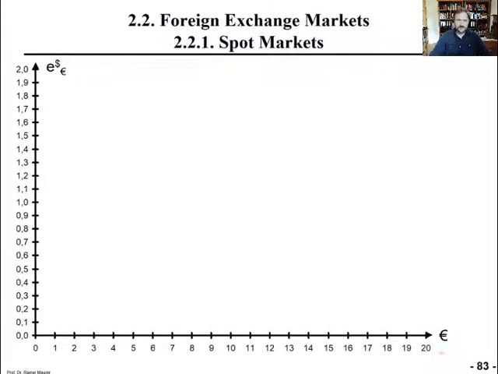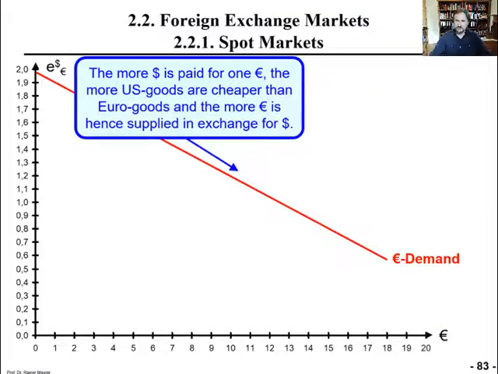The demand curve for euro has, as just mentioned, the usual negative slope, since the less dollar has to be paid for 1 euro, the more euro goods are cheaper than dollar goods, and therefore the more euro is demanded in exchange for dollar.